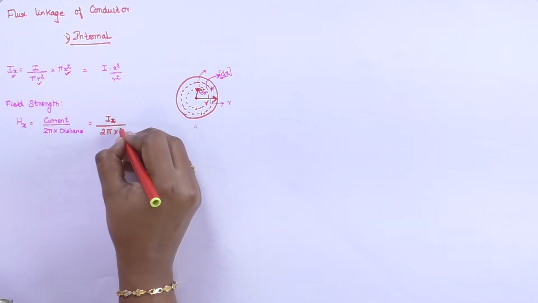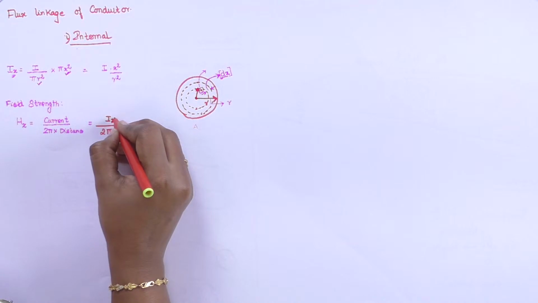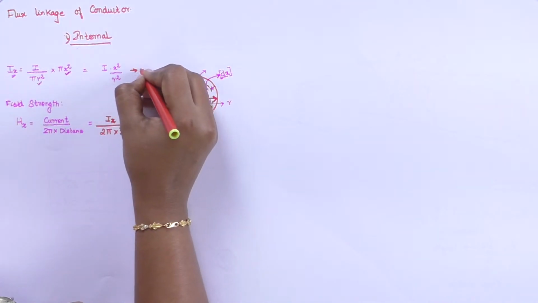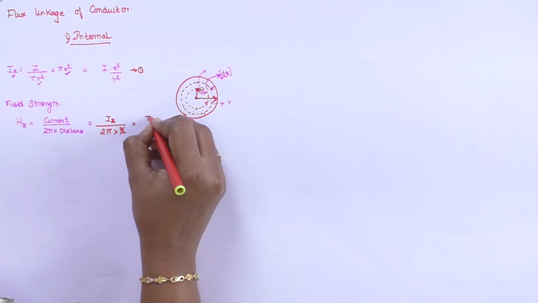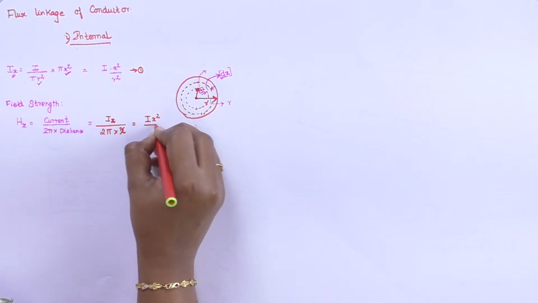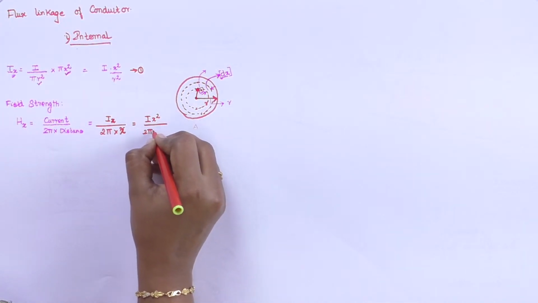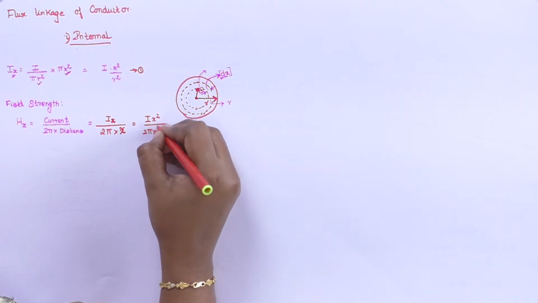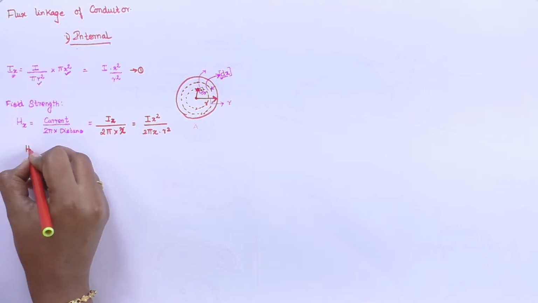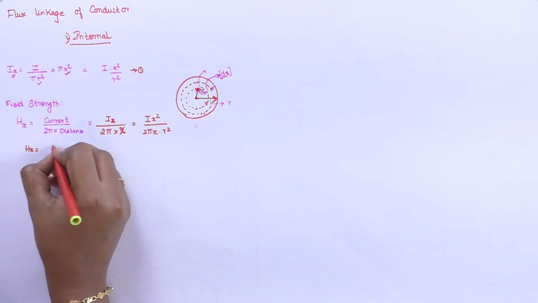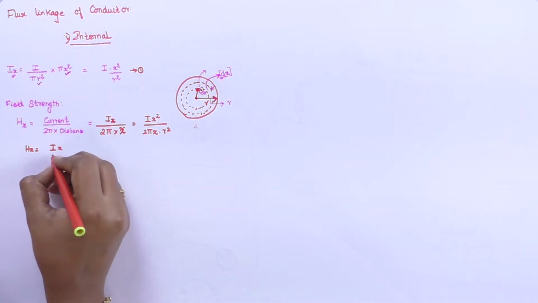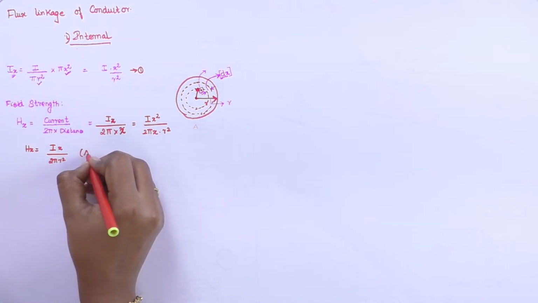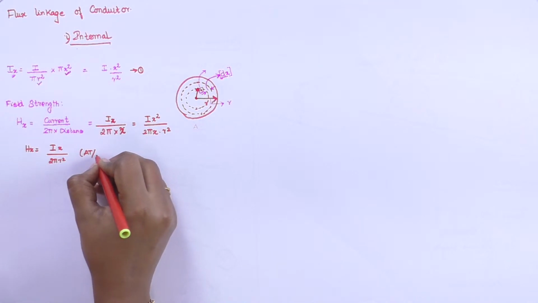We know the value of Ix, so substituting Ix from equation 1, we get I into x square divided by 2 pi x into r square. Cancelling x, what is the value of Hx? Hx will be equal to I x divided by 2 pi r square. The unit is ampere turn per meter, that is mmf per meter.